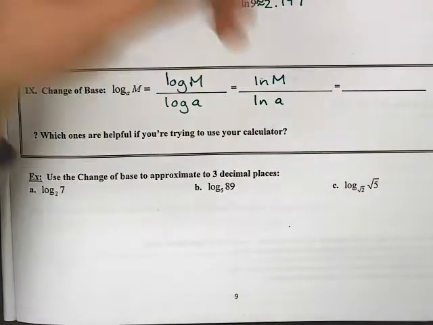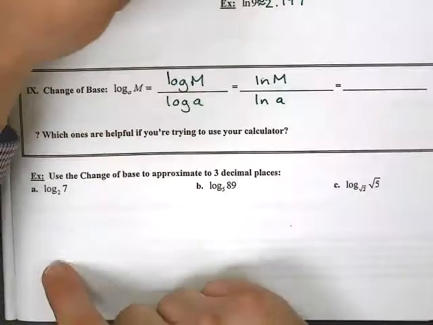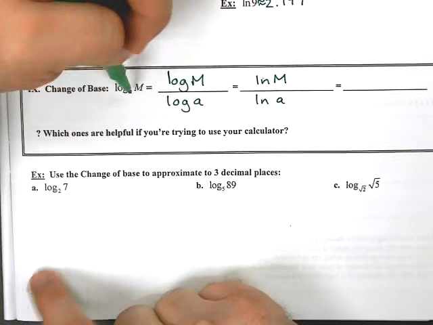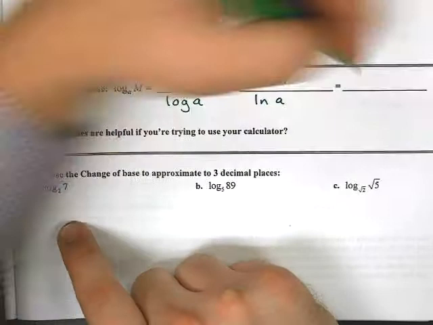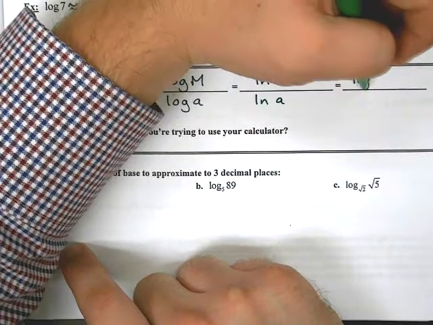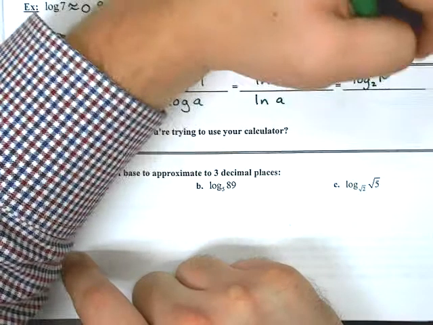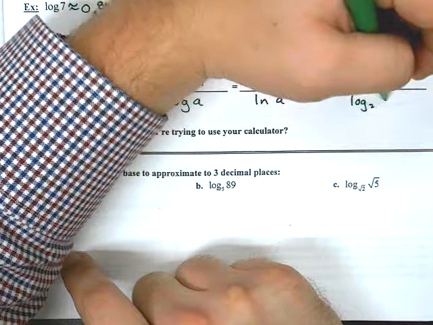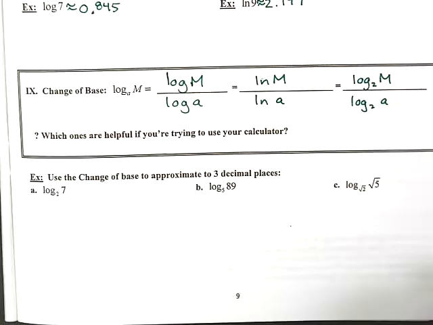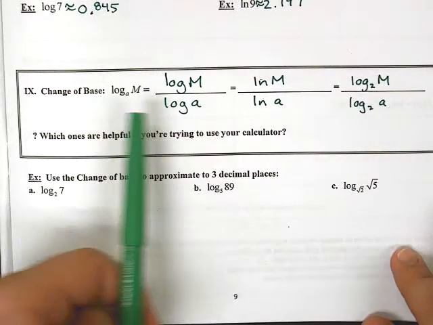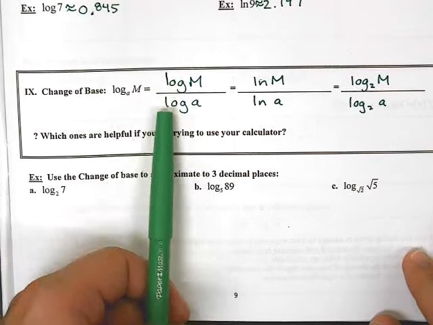You could even, though it won't work out very well, we already can't plug this into the calculator because it has a base, but just so you know, you could take the log base 2 over log base 2. So the important idea here is that you just use the same type of logarithm on top and bottom.